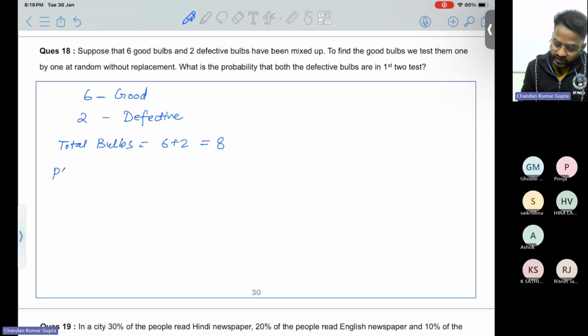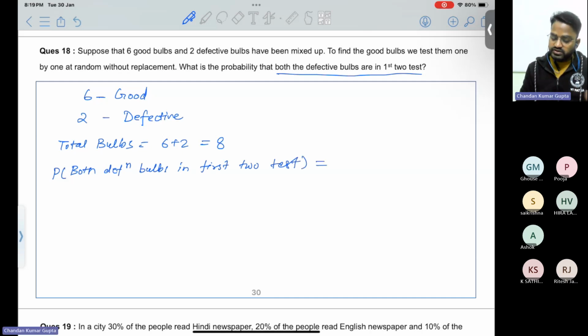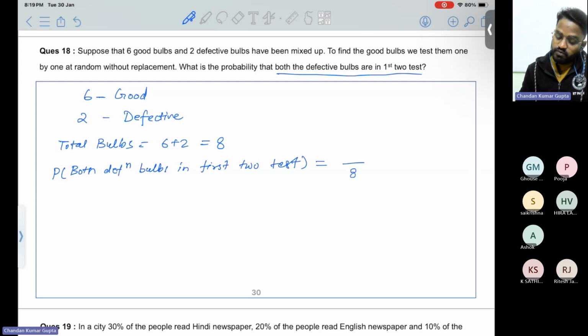So we need to find both defective bulbs in the first 2 tests. Means when we draw first out of 8, how many are in favor? How many defective bulbs are there?